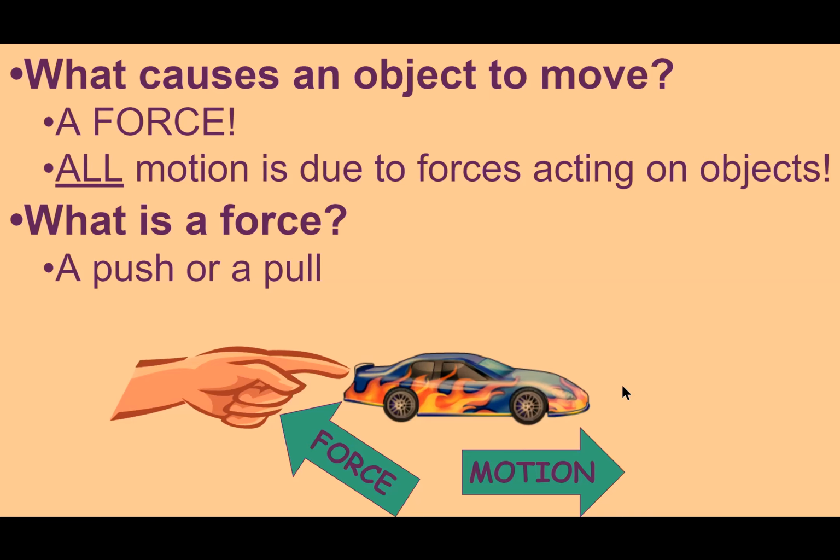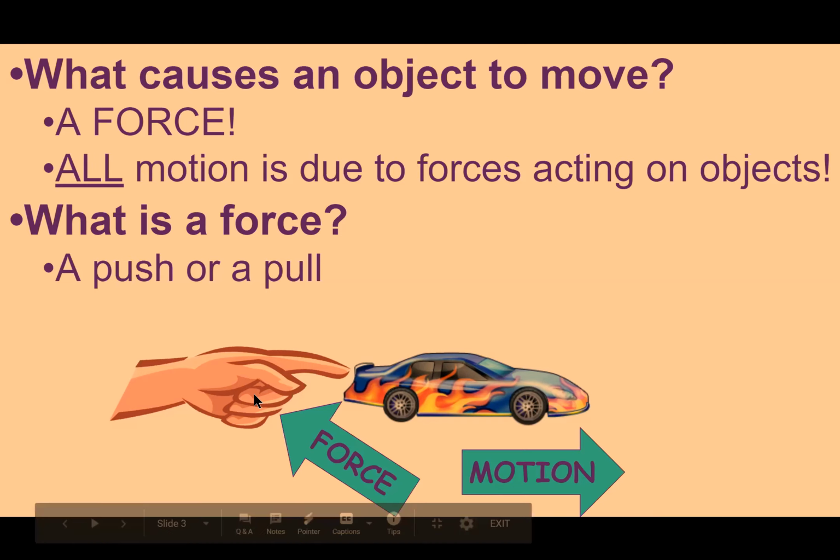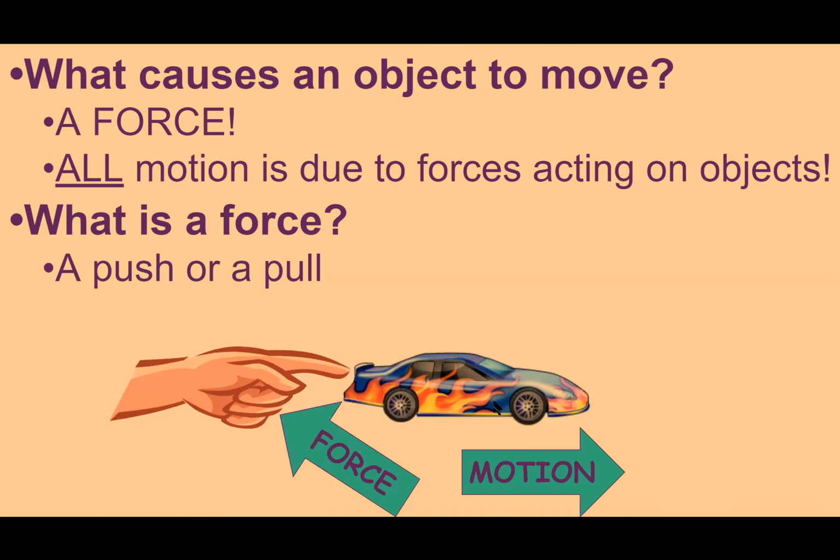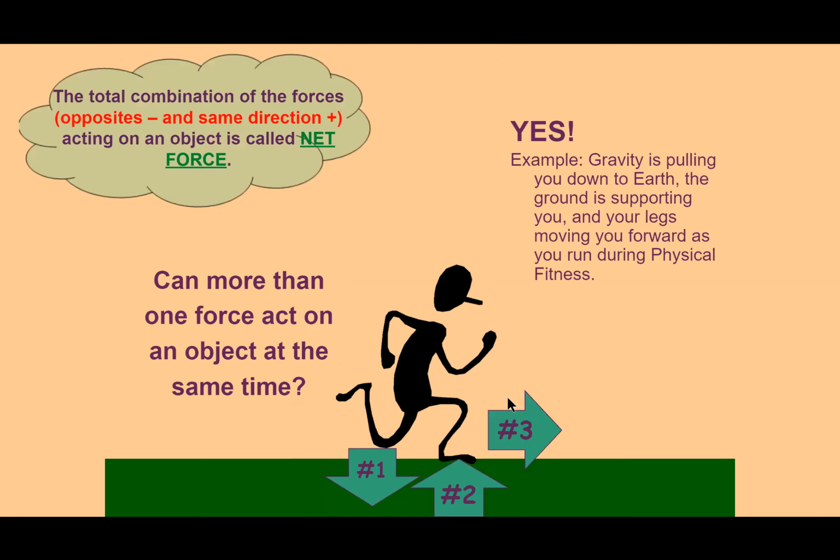They're why doors open. They're why our bodies move forward when our feet push us forward or our arms pull us forward. All motion is due to forces acting upon an object. There is no motion without a force. And the primary force is push or pull. So here you see the hand is applying a force against this car, which puts it in motion.